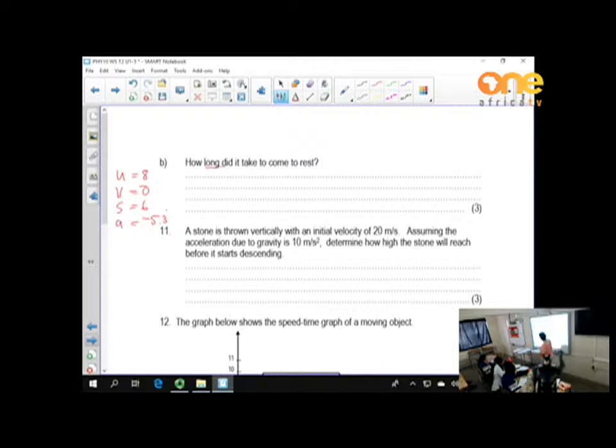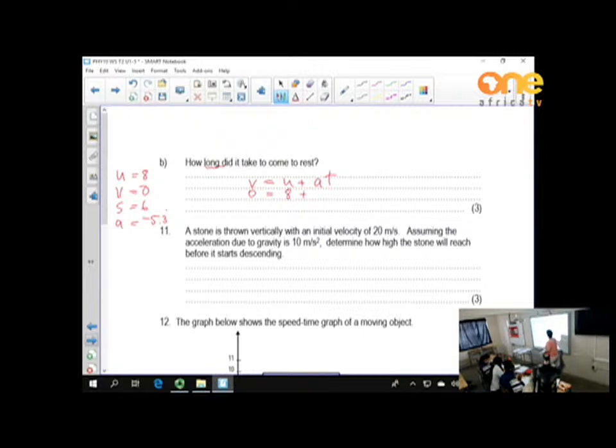All right, so how long now? We are looking for time. Which one am I going to use? Which one has time? ut plus half at squared, or v equals u plus at. v equals u plus at. Are you with me? Okay. So what is v? 0. u is 8.